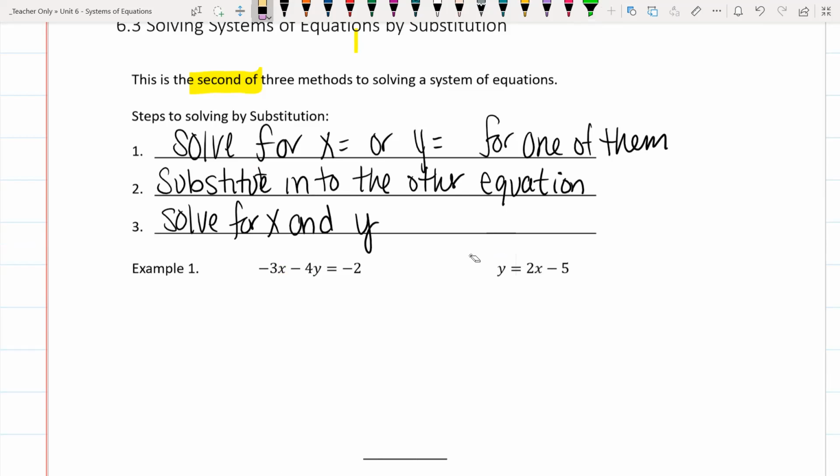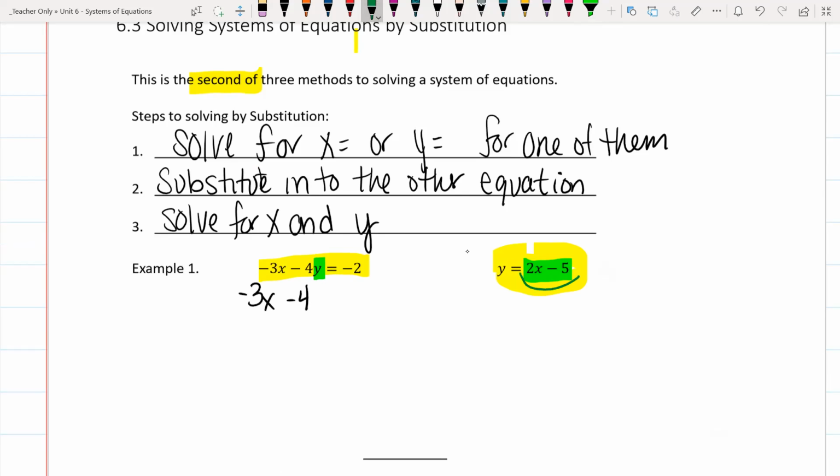So we're going to take this part of the equation and plug it in anywhere I see y. So anywhere I see y in this first equation, I'm going to substitute this whole thing in. So I see y right here. So I'm going to rewrite the first half of my equation, minus 3x minus 4.